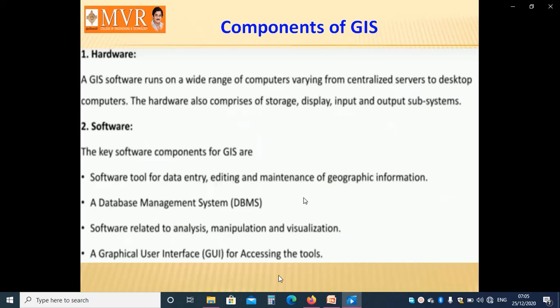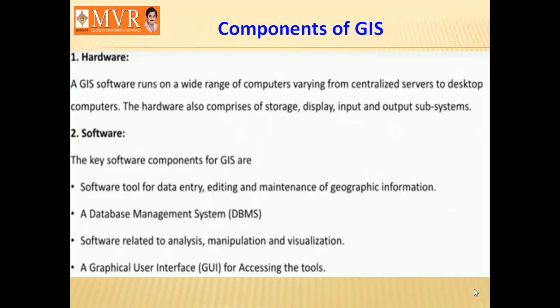So first one, hardware. A GIS software runs on a wide range of computers varying from centralized servers to desktop computers. The hardware also comprises storage, display, input and output subsystems.